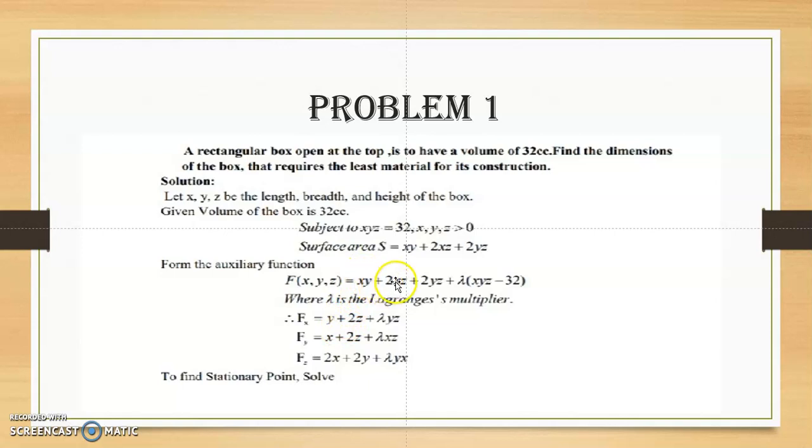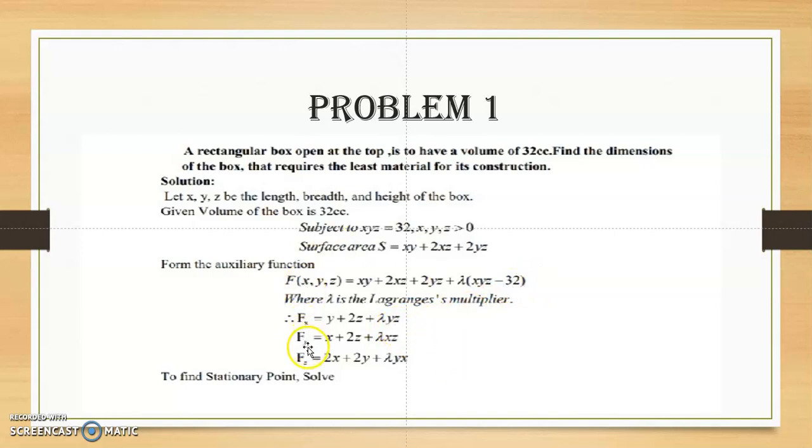Next, plus 2xz, the differentiation of x is 1, so we get only 2z. Then the next term has no x term, therefore this term is equal to 0. Then in the last term we have a multiple of xyz, so you have to keep y, z as constant, then the differentiation of x is 1. The differentiation of a constant value is equal to 0. Therefore we got lambda yz.